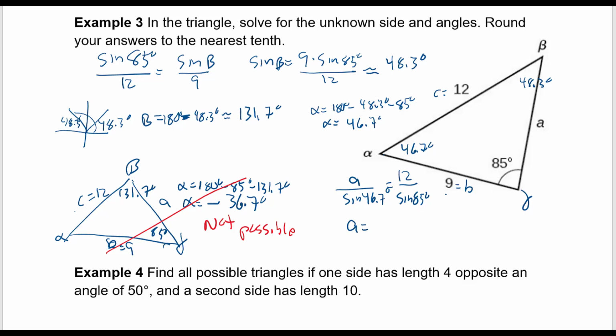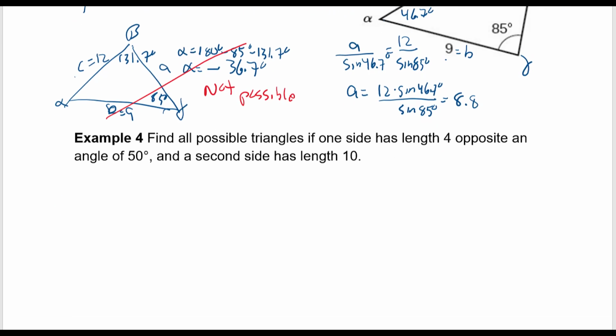So A equals 12 times sine of 46.7 degrees over sine of 85 degrees. And that's going to be about 8.8. Okay. Let's go on for the last one for this part.